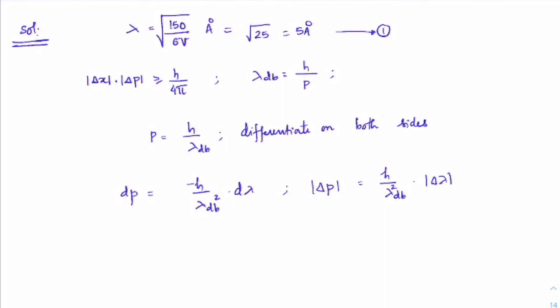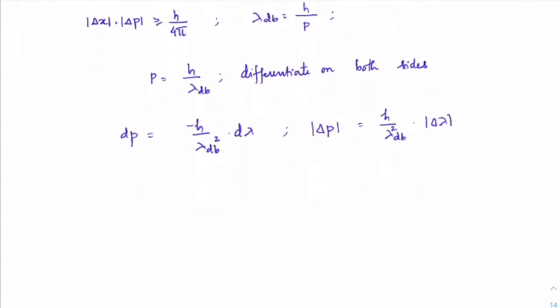Which means I can use this delta p and replace that in terms of delta lambda. So let me put that here. So delta x dot delta lambda, which I write as h by lambda square dB into delta lambda here, is equal to, in a minimum way, h by 4 pi, right?